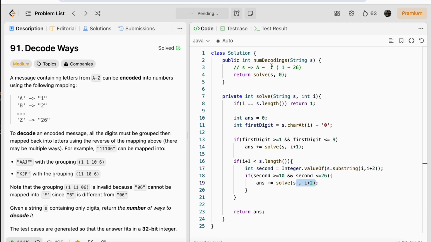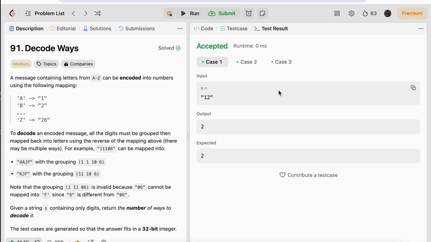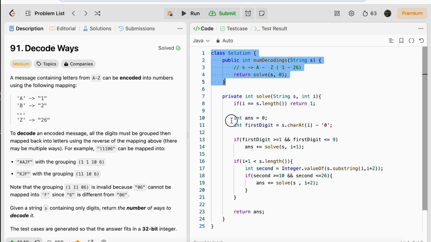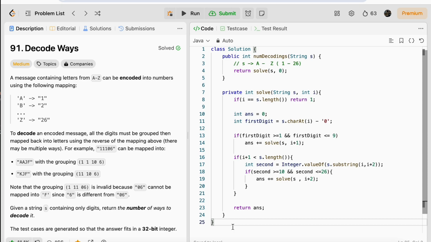Let's try to test over sample test cases. Over the sample test cases it is working fine, but in this approach we have just written the recursion. We have not memoized the solution. So this solve function is computing, starting with i till the complete length of s, how many ways we have to decode it.